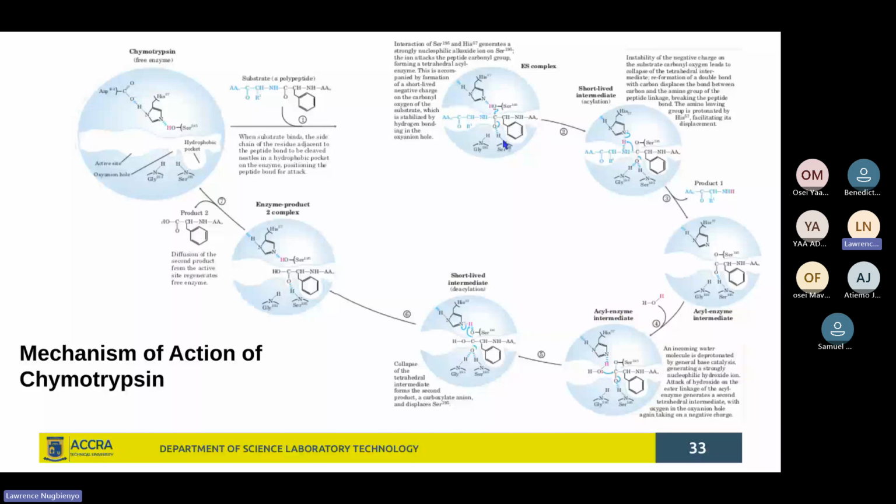So we have now moved to the second reaction. We are looking at the first short-lived intermediate, written there as acylation. You see that the hydrogen is transferred from the serine onto the nitrogen of the histidine, that imidazole ring.